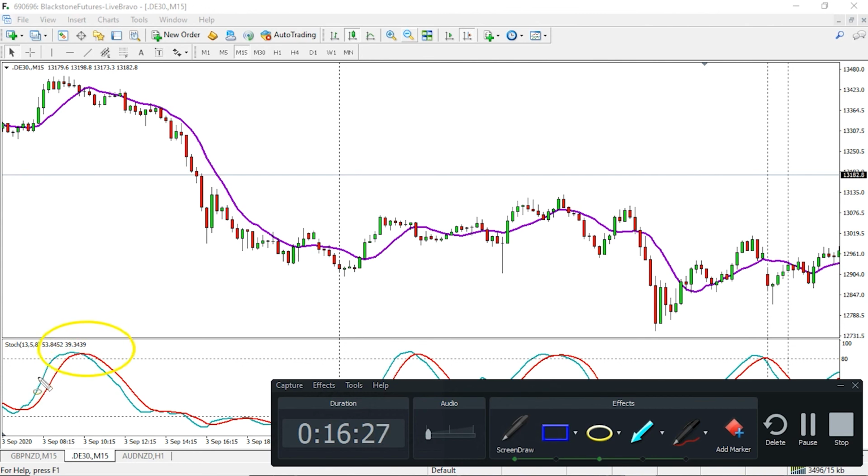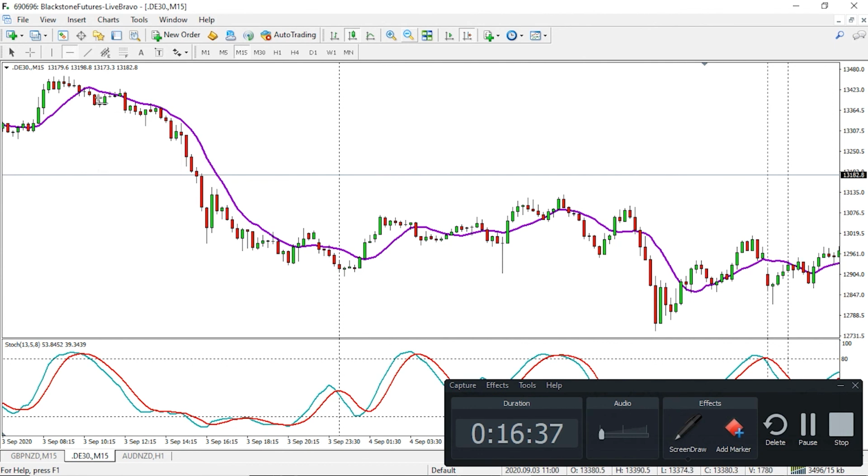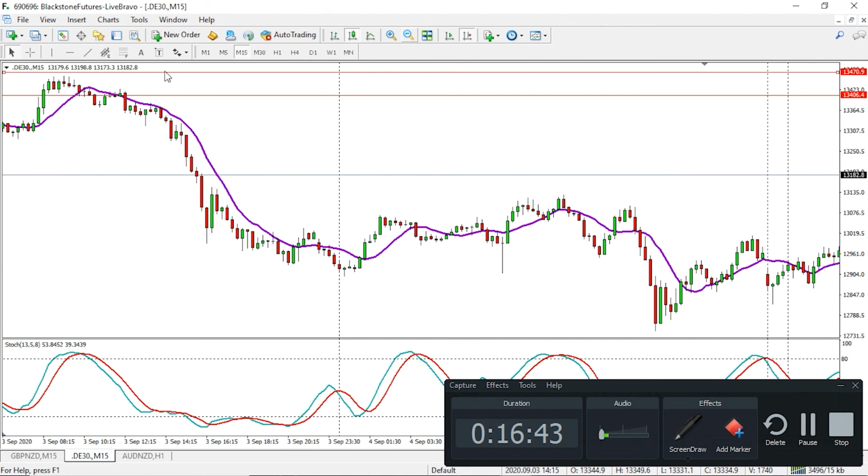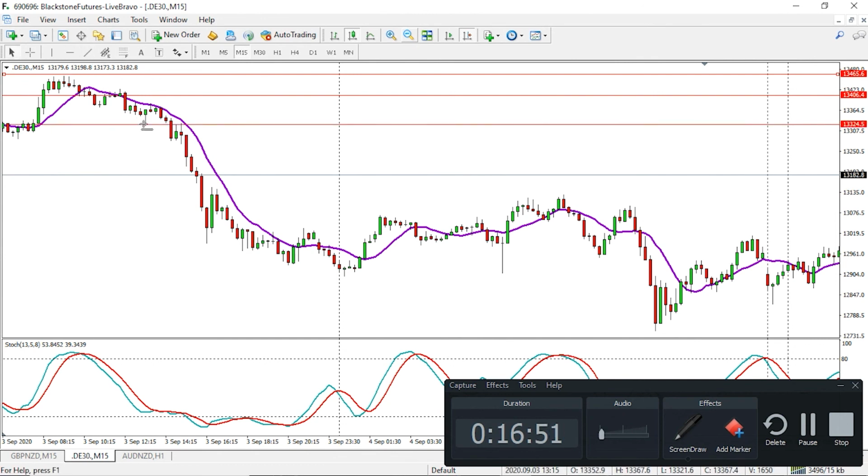Okay, so EMA crossover. Here you have the candle close. You get in at the very next candle, which is around here. We have a stop loss just above the recent high. So in this particular case, 134.65 to 134. So you're looking for 65 points.